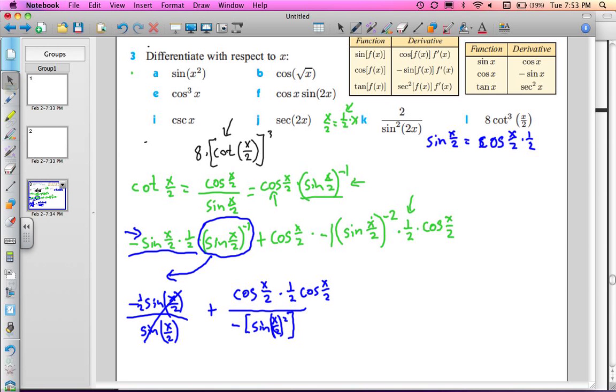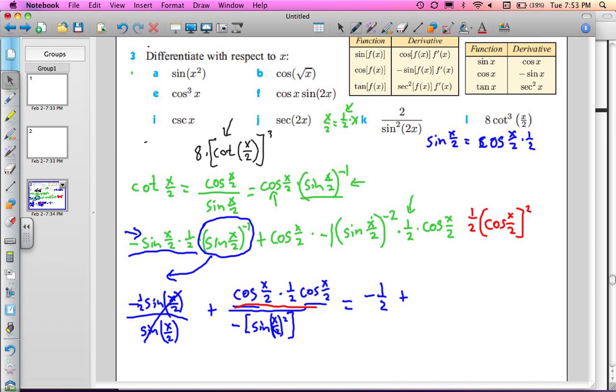Okay, so we have two cosines of x over 2's, so this ends up equaling negative 1/2 plus, remember, this part right here, I'm going to do up over here. So we have cosine of x over 2 times cosine of x over 2, which is just cosine of x over 2 squared, times 1/2.